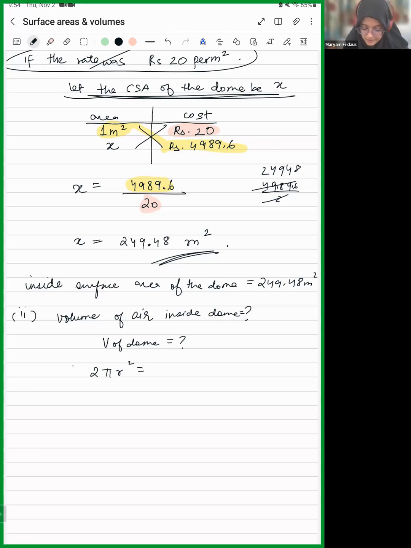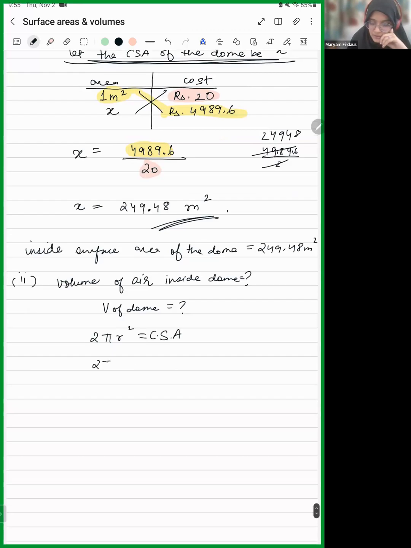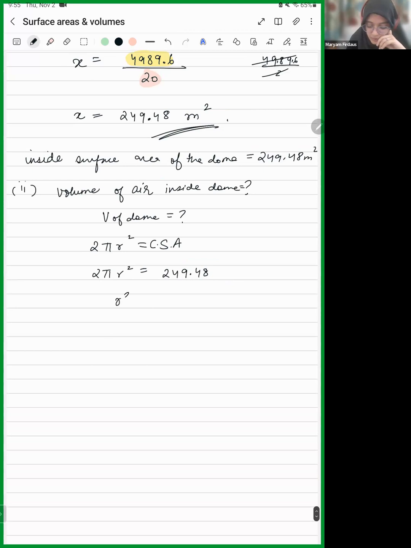And the surface area is how much? 249.48. So 2 pi R square is equal to 249.48. So that means R square is equal to 249.48 by 2 into 22 into 7.